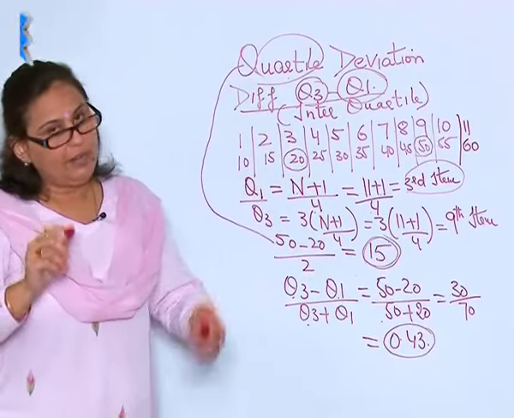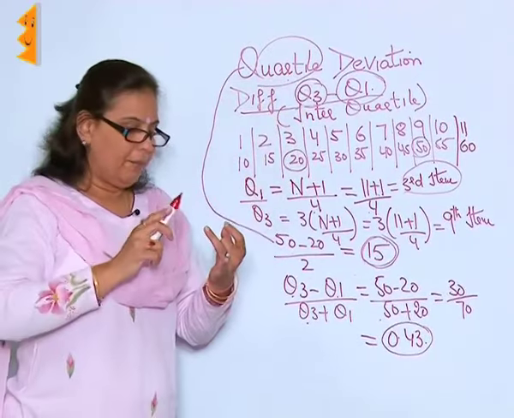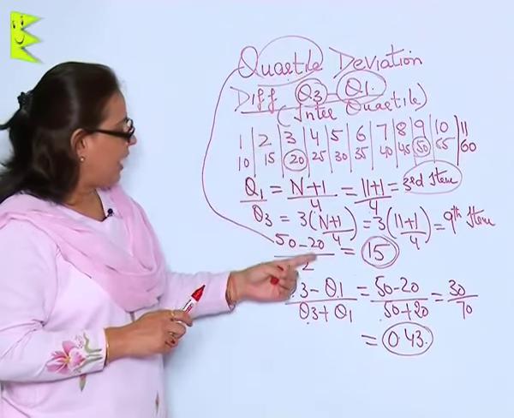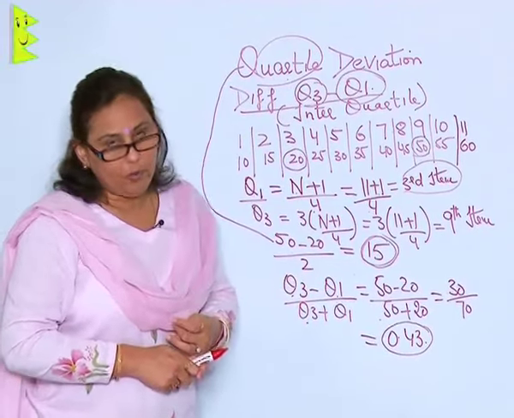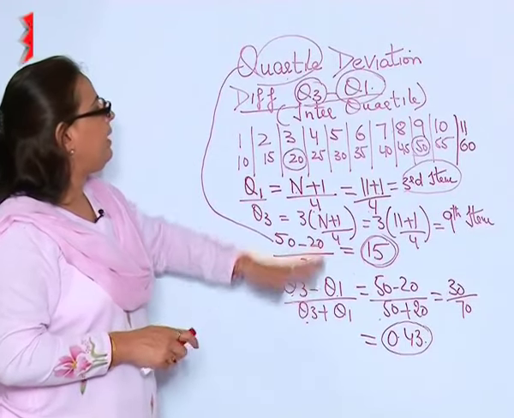So, you have learnt the range and the quartile deviation, both the coefficient of range and the quartile deviation and the coefficient of quartile deviation. You just need to learn the formula properly.